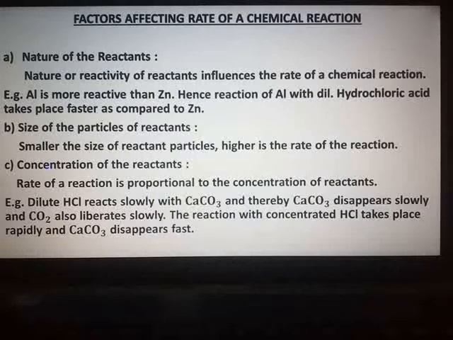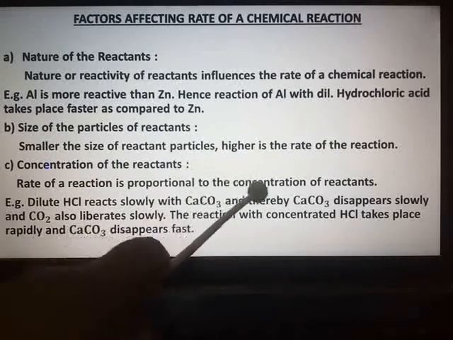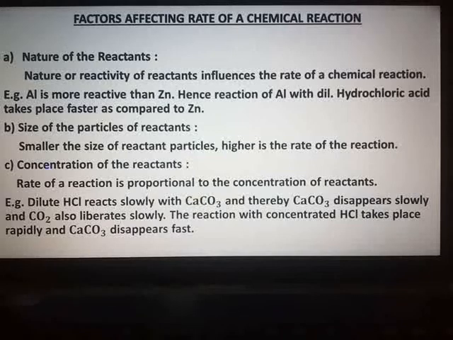Whereas on the other hand, the reaction with concentrated HCl will take place at a faster rate, and hence we say that concentrated acid reacts faster than dilute acid. What does this mean? The rate of the reaction is proportional to the concentration of reactants.